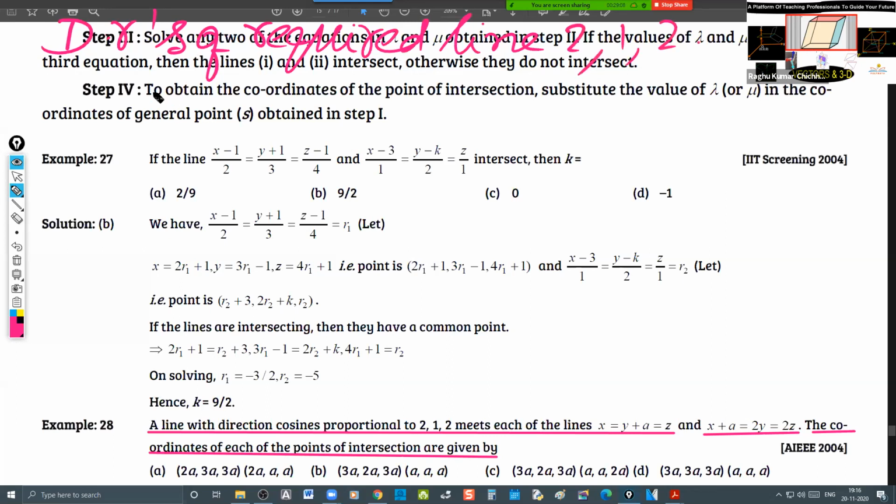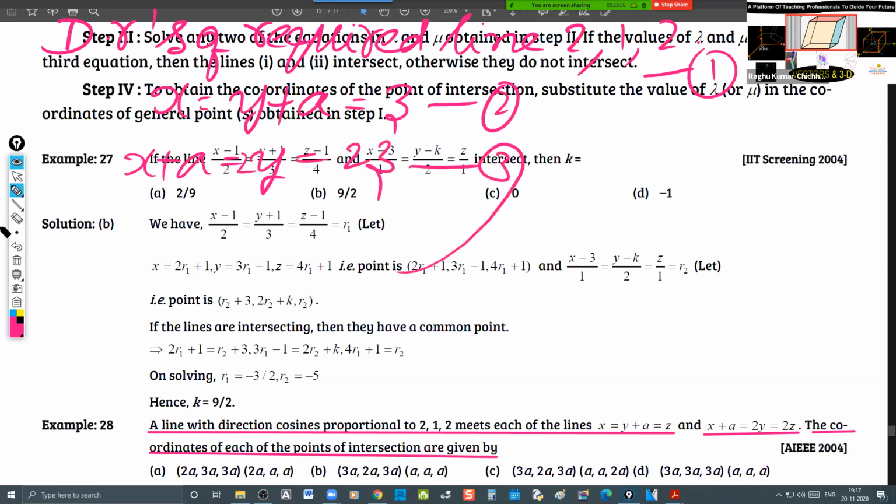Let us write that. This is equation 1, let me say the first line. And the second line is given to be x = y + a = z. This is the second line. And the third line is given to be x + a = y, 2y = 2z. First of all, understand the question, please.